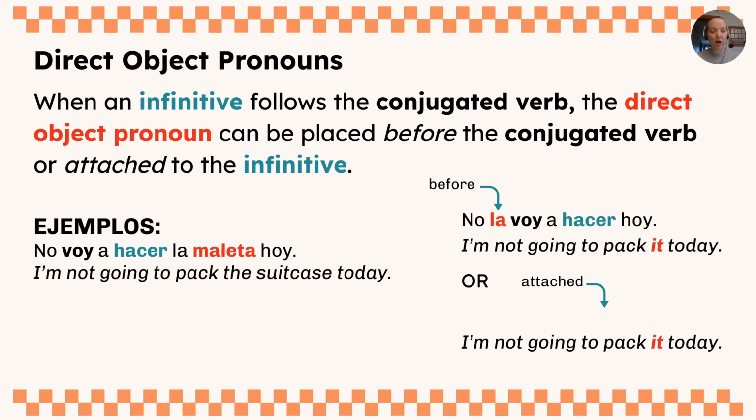Go ahead and try writing that second example down. Pause the video now and try it out. So hopefully you came up with no voy a hacerla hoy. Both of these examples mean the same thing. I'm not going to pack it today. Like I said before, it's just your preference on which one you want to use.